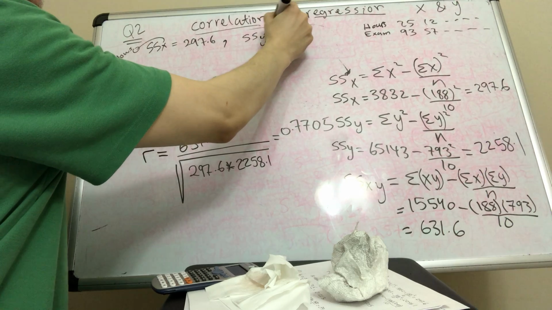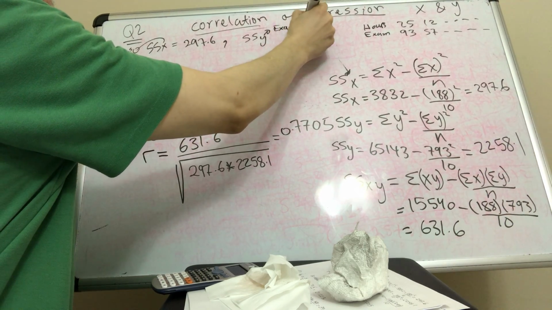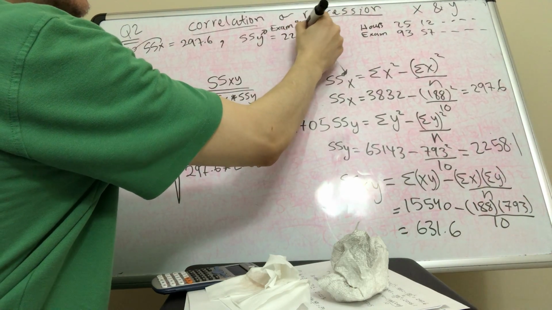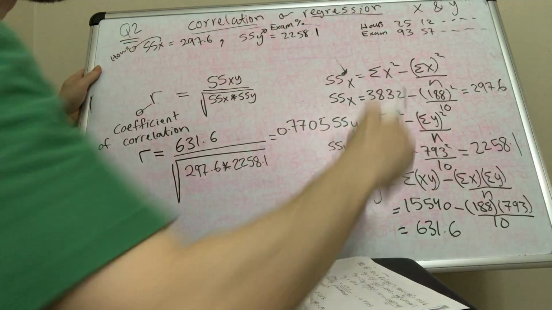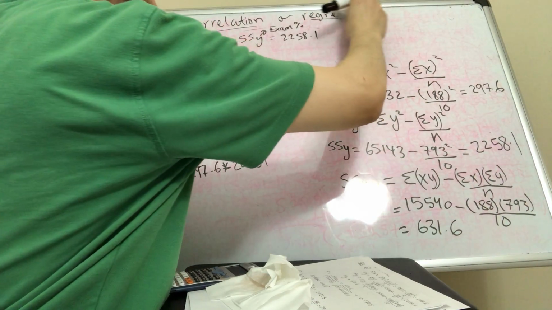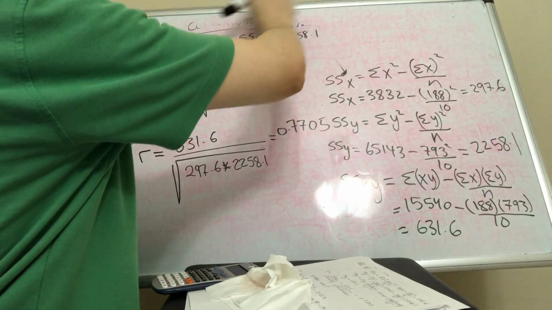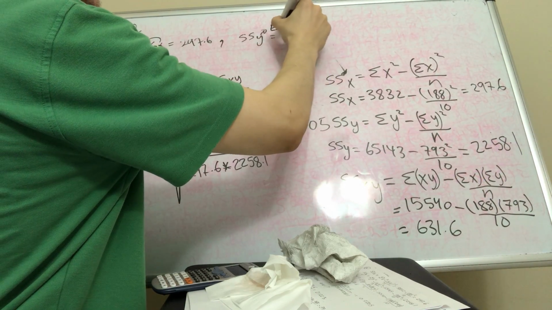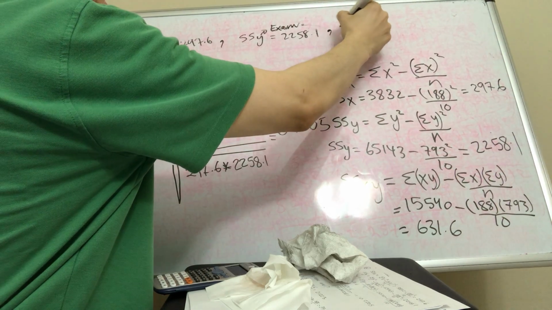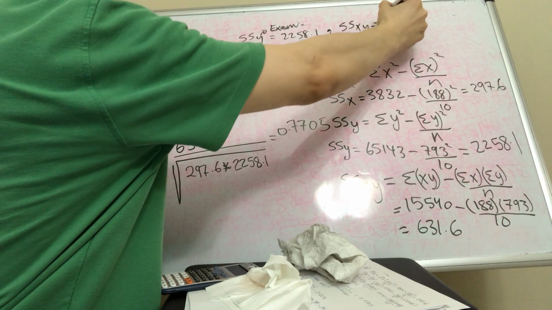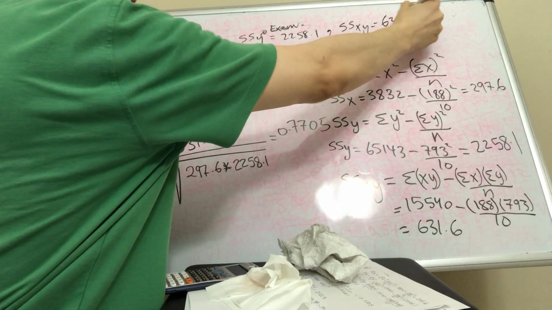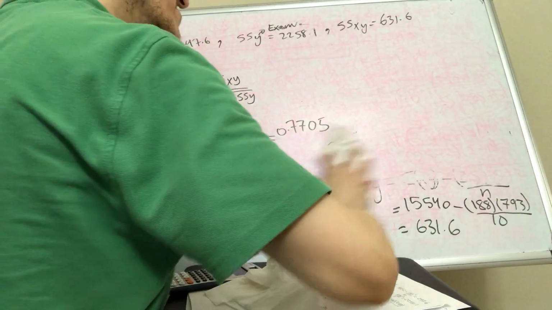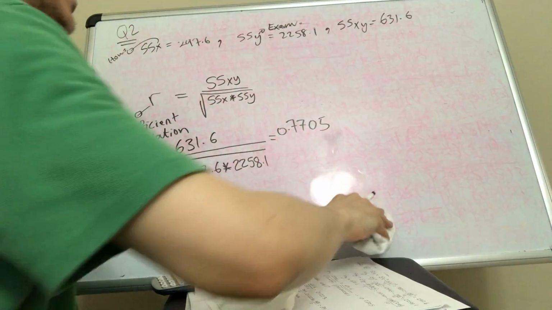SSY, that's exam percentage, and that's 2258.1. And SSXY 631.6. We got this R value.